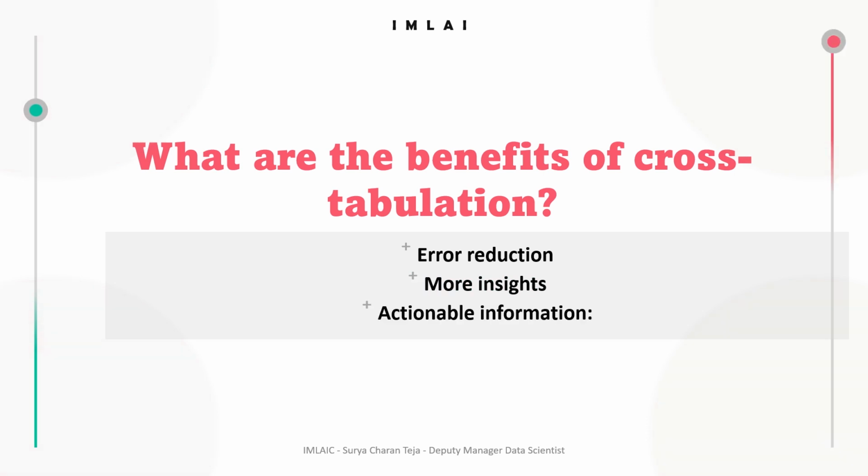And the third benefit is actionable information. As cross-tabulation simplifies data sets and allows you to quickly compare the relationships between them, you can uncover insights faster and apply new strategies as necessary.